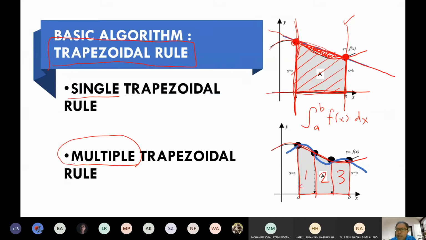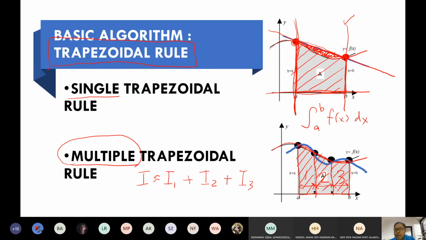They have a similar width. So in order to obtain the area, we can add up the area due to the first trapezium, which is I1, plus the area contributed by the second trapezium, which is I2, and the last one contributed by the third trapezium, which is I3.